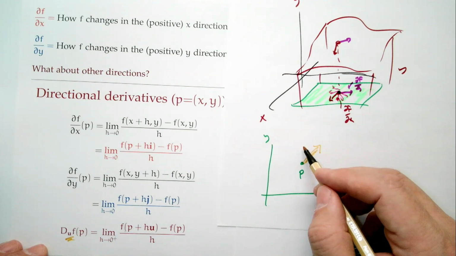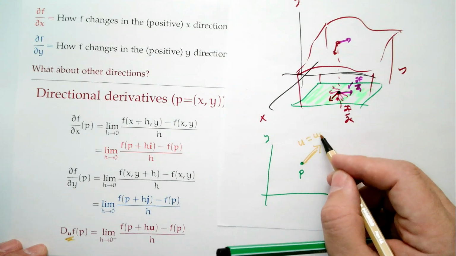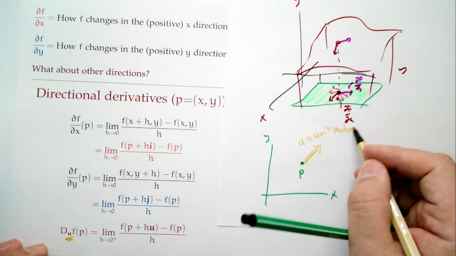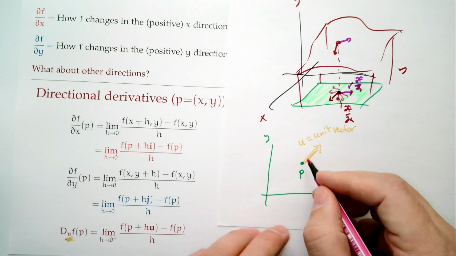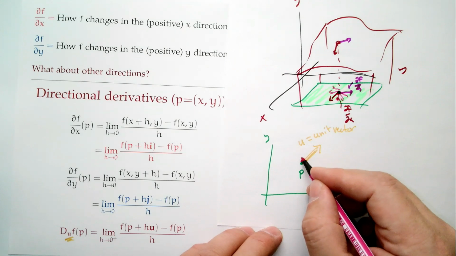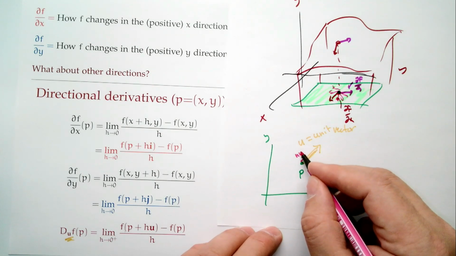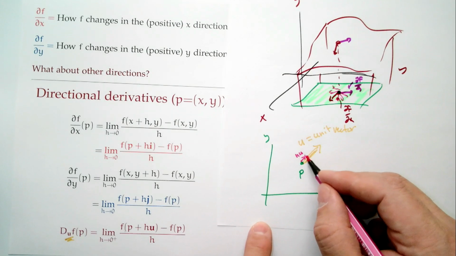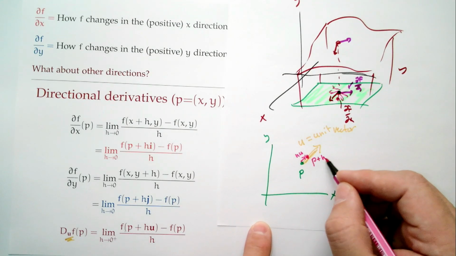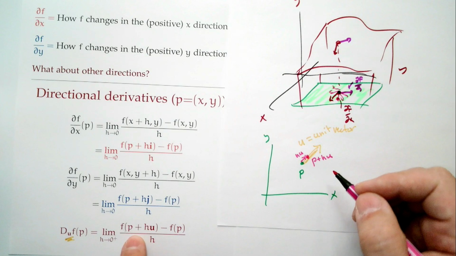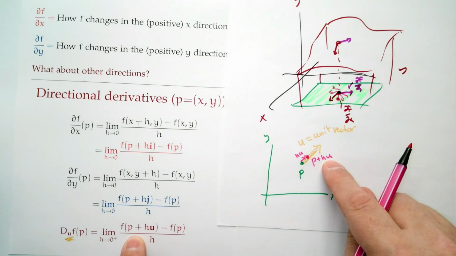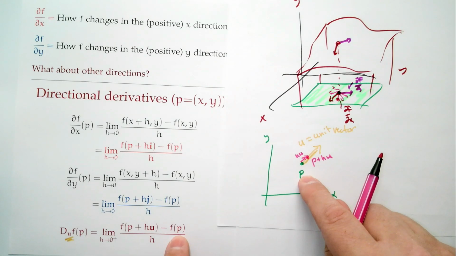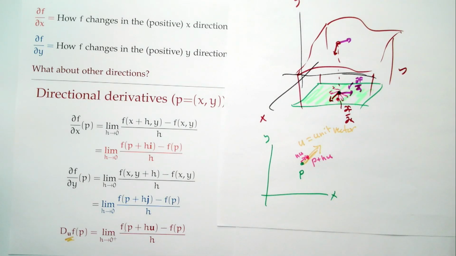So here, this is u equals unit vector, that's pointing in the direction I want to go. And what I do is I do the following. I say, all right, I'm just going to go just a little tiny bit, just enough. So this is h times u. And so this point here will be p plus hu. So now what I'm going to do is I'm going to say, well, let me compare the function where I've moved just a little bit minus the function at my original point divided by how far apart I am. All right? That's the idea.